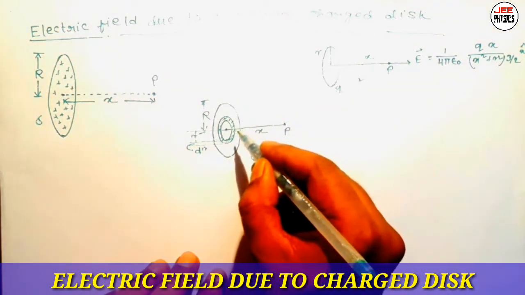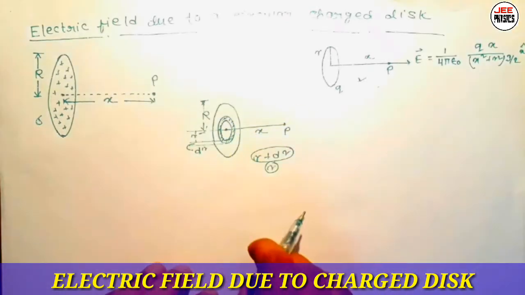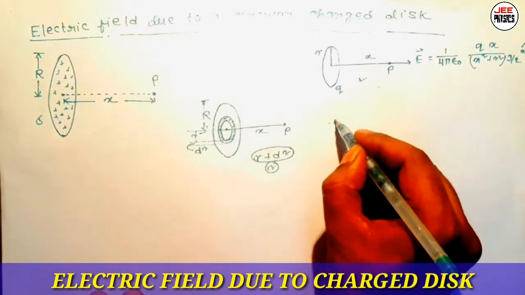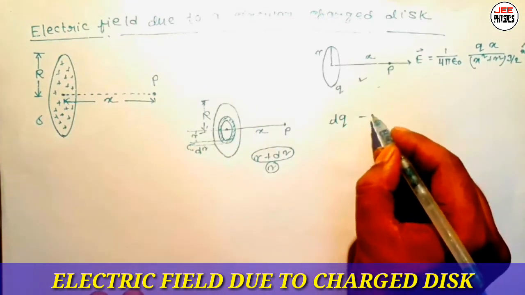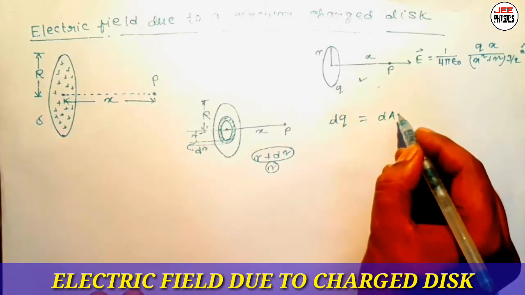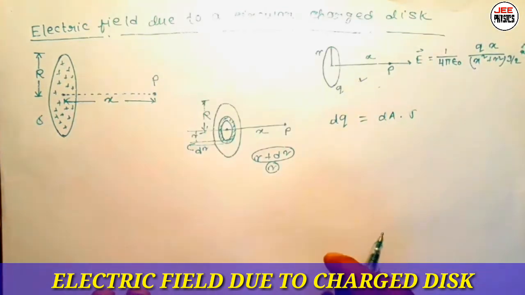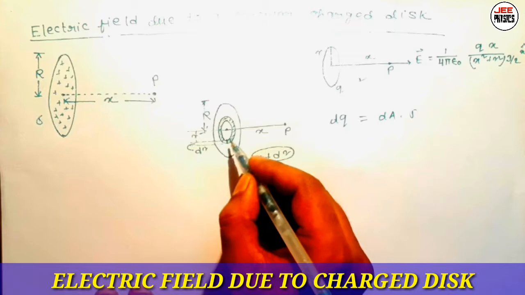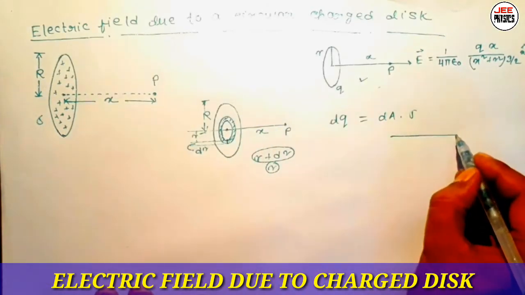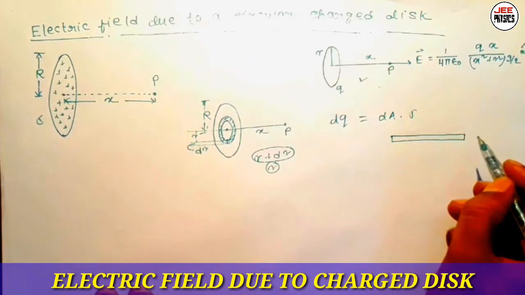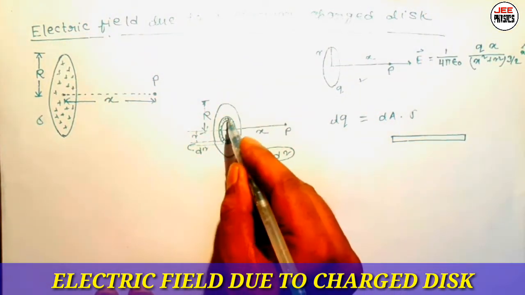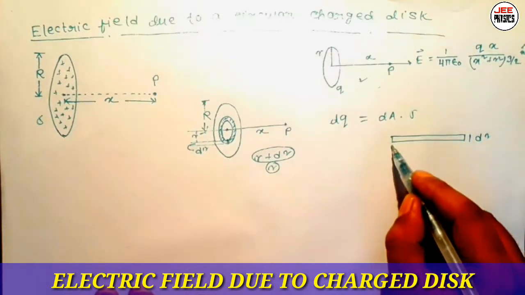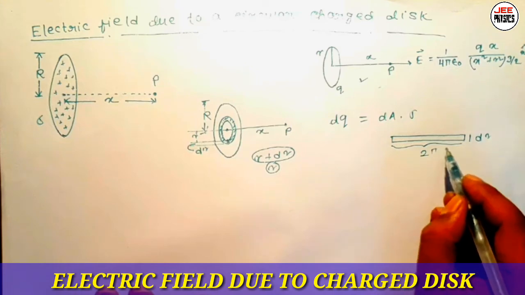Before that I have to calculate the total charge on this ring. Now you know that the charge density on the disk is sigma. So the total charge on the ring dq is equal to area of the ring into sigma. To find the area of the ring, we have to cut out this portion. If I cut here and put the ring in this fashion, then you get that the thickness of this ring is dr, that is this portion is dr, and the total length of this portion is 2 pi r.